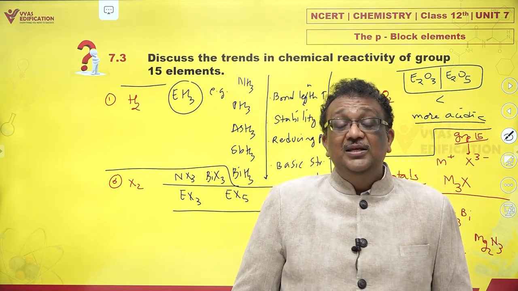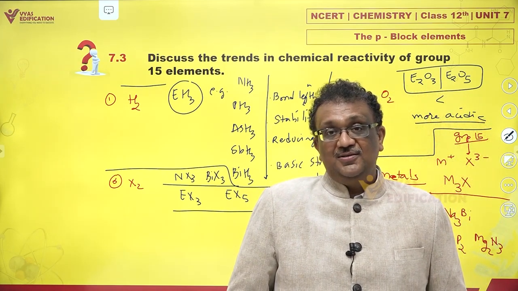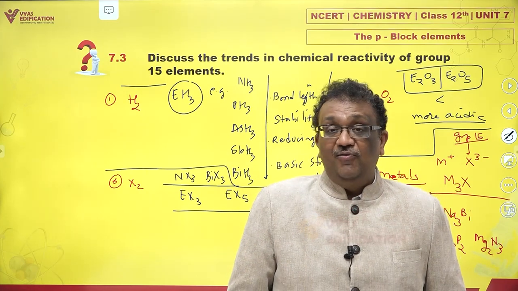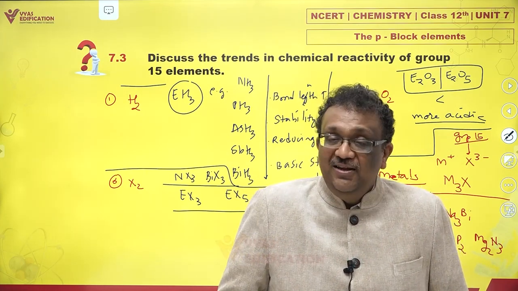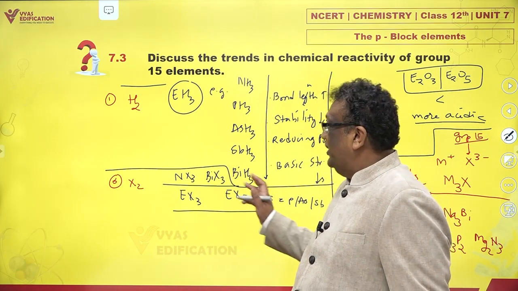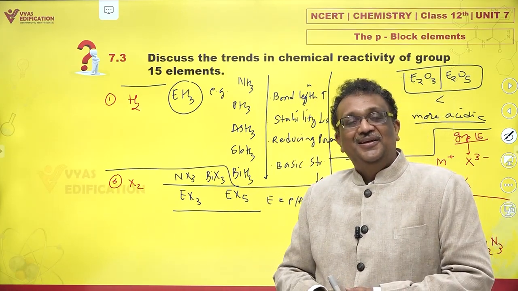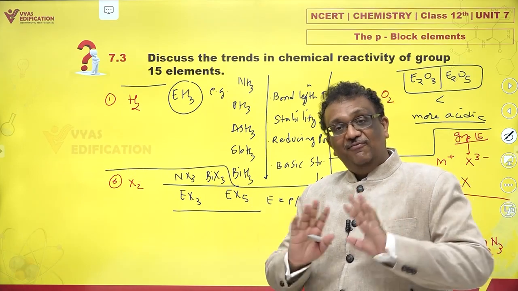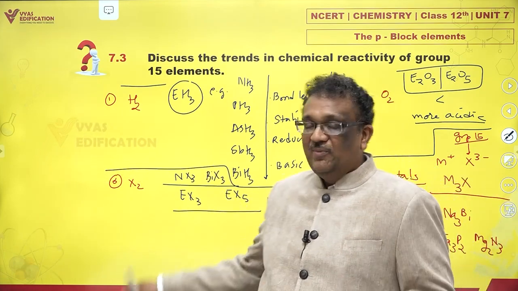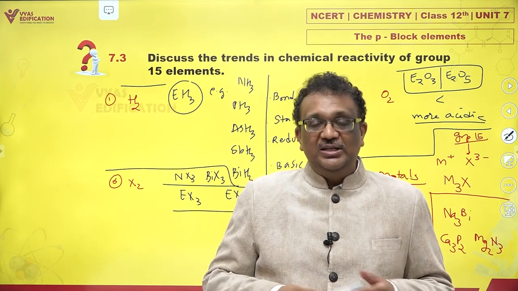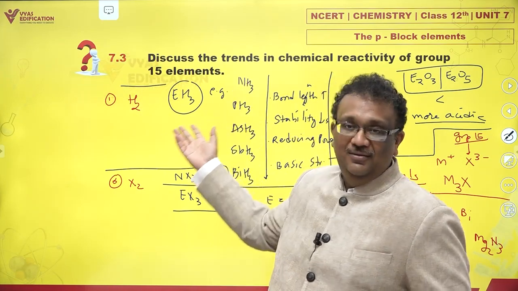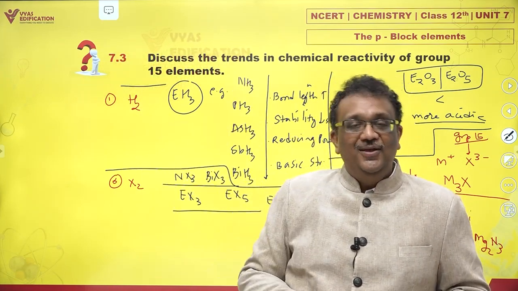I repeat, these are the properties of the products. This does not explain the trend of reactivity, nor has it been mentioned. This is the expected answer, although this is very different from the question which has been given. But this is a standard popular answer everywhere on earth, and this is what is expected by NCERT also. So my suggestion for NCERT people: change the question or give more data in the answer.